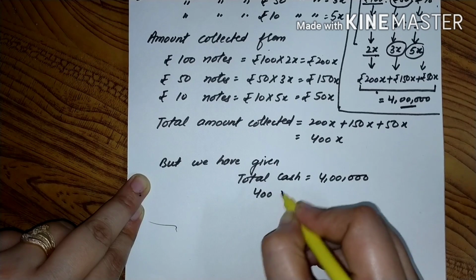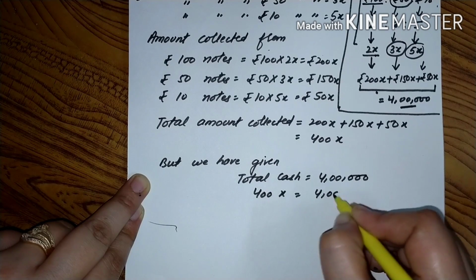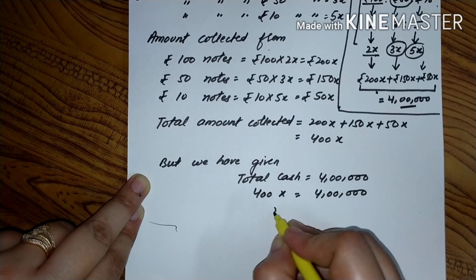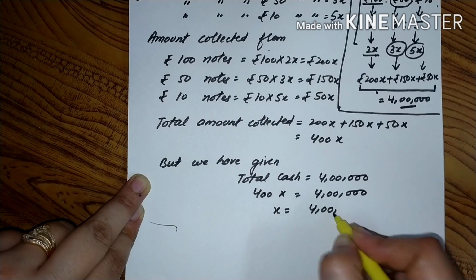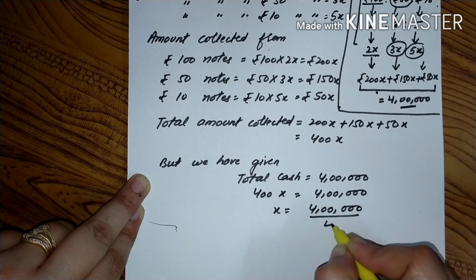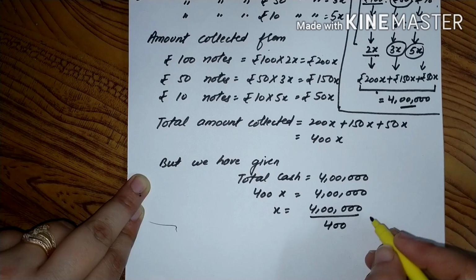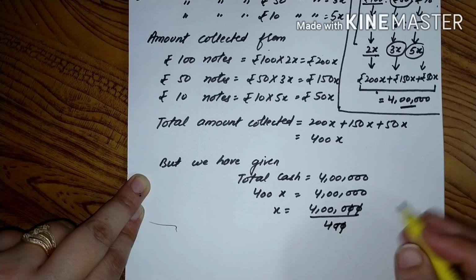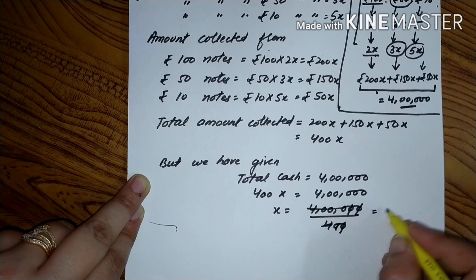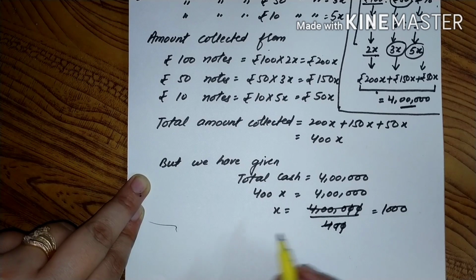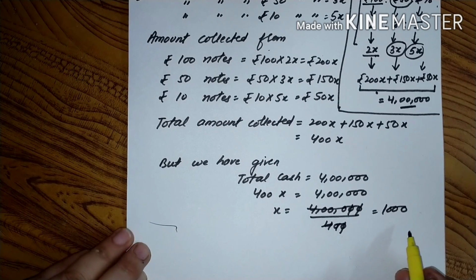Therefore 400x will be equal to 4 lakh. So x would be 4 lakh divided by 400, that is equal to 1000. So we will get the value of x to be 1000.